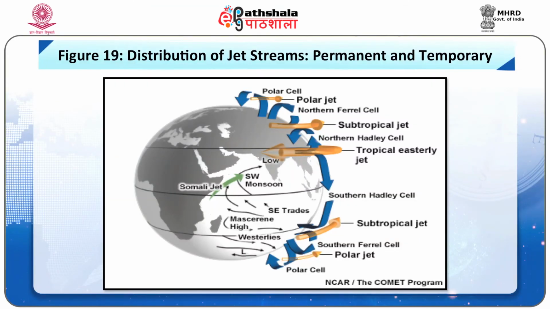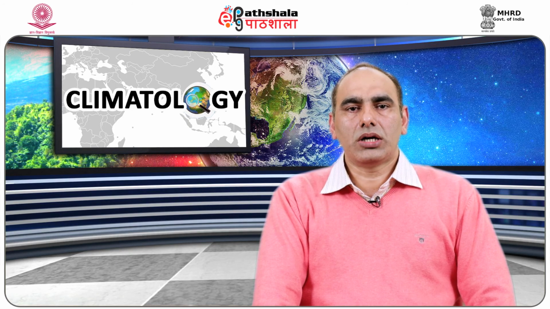Over a period of time, due to better data acquisition techniques, scholars have identified many local or regional jet streams of a temporary nature. For instance, the Somali jet stream, which can be seen in figure 19. They originate due to local level thermal contrasts and dynamic changes in the upper troposphere. These have significance in influencing local weather conditions. Let us now come to the significance of jet streams.